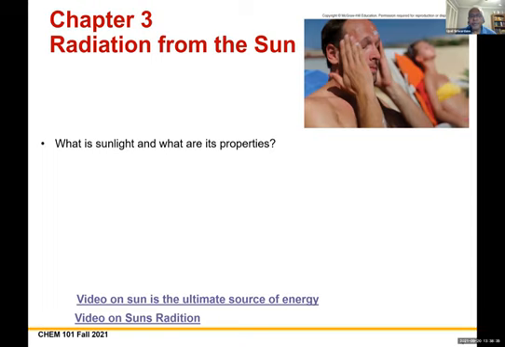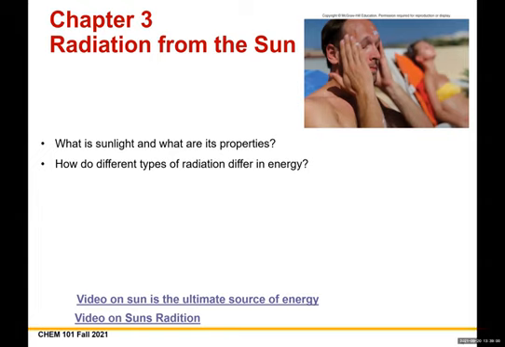Sunlight is mainly electromagnetic radiation. It passes through the vacuum in the space between the sun and the earth and enters the atmosphere. How do different radiation define energy? Energy-wise, ultraviolet is higher energy than infrared.